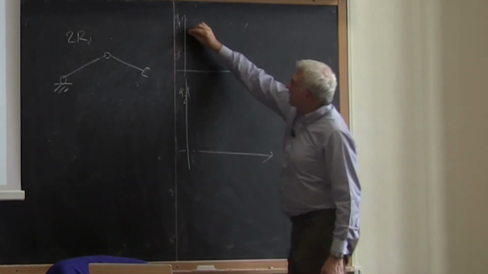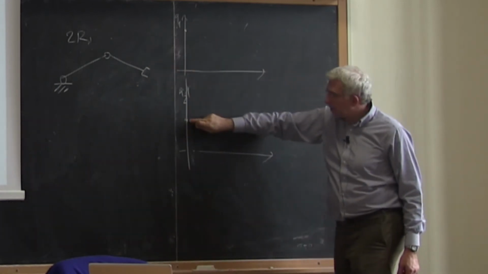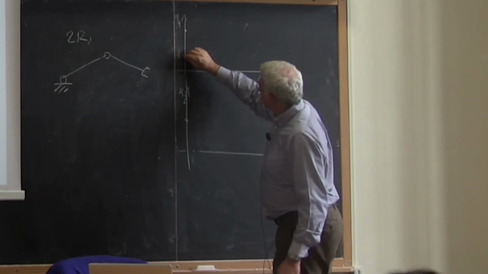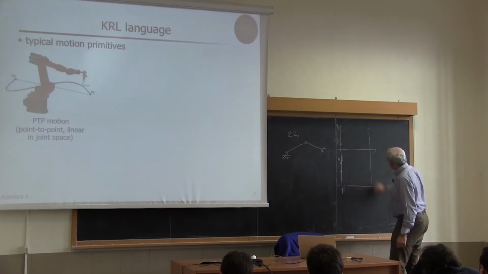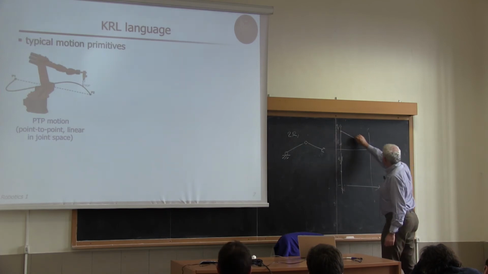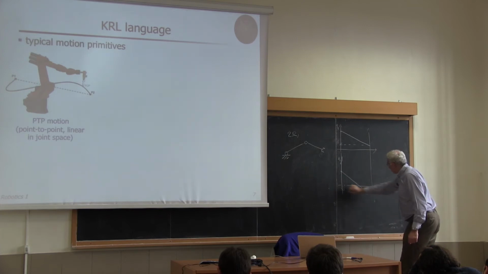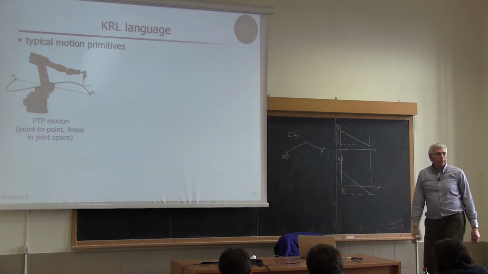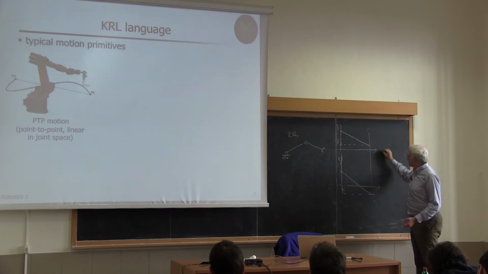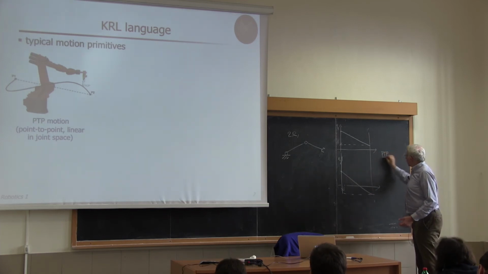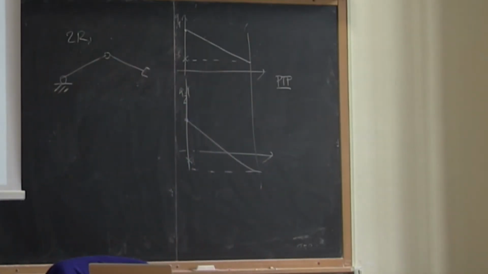And then I'm saying that I want to go from this configuration, characterized by these 2 points, to another configuration, which is this one. And this at the same time. So this will go like this, and this will go like this. Okay? So this is a linear motion in the joint space, and this is programmed with the PTP instruction.